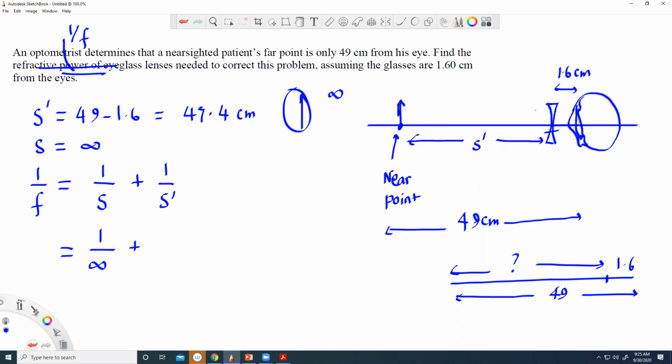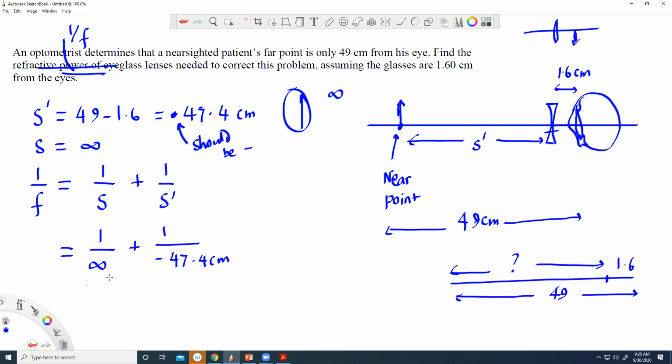If it forms the image on this side, like this with the convex lens, and if it is inverted, then it's real. But if it is upright and on this side, then it's virtual. So this forms the virtual image, and the sign convention tells us that for a virtual image, the distance is negative. So we need to put a minus sign here, minus 47.4.